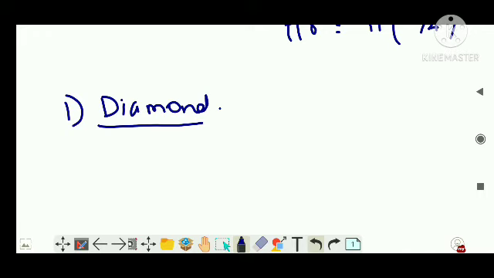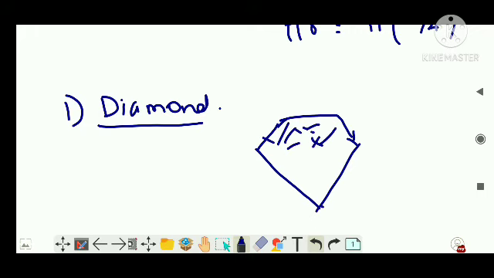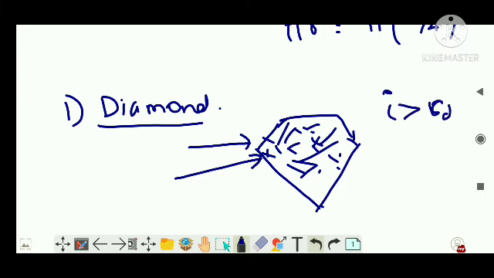It's very simple, guys. See, in the case of diamonds, suppose I'm going to take this as a diamond, right? There will be a lot of cuts. And the critical angle of a diamond is so small that all the incident rays, that is normal light rays falling on this diamond, will have angle of incidence greater than the critical angle of the diamond.